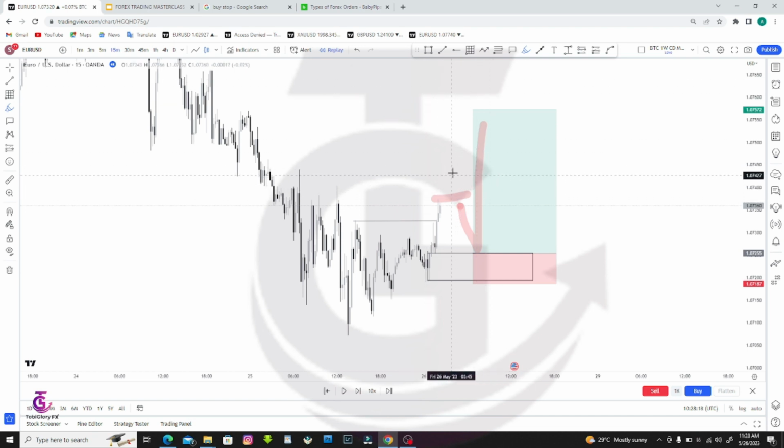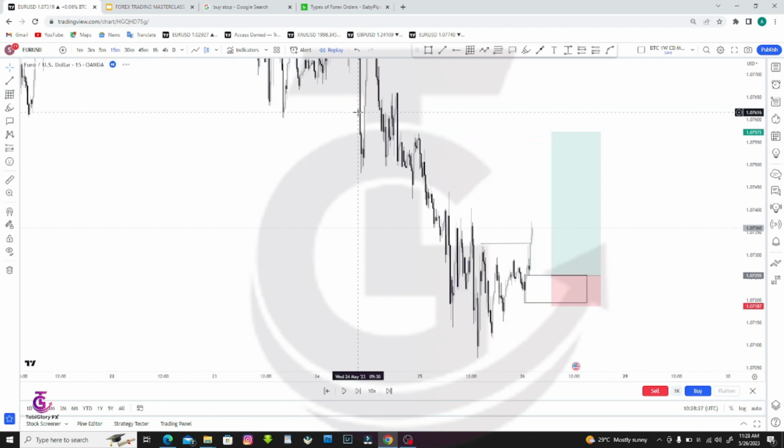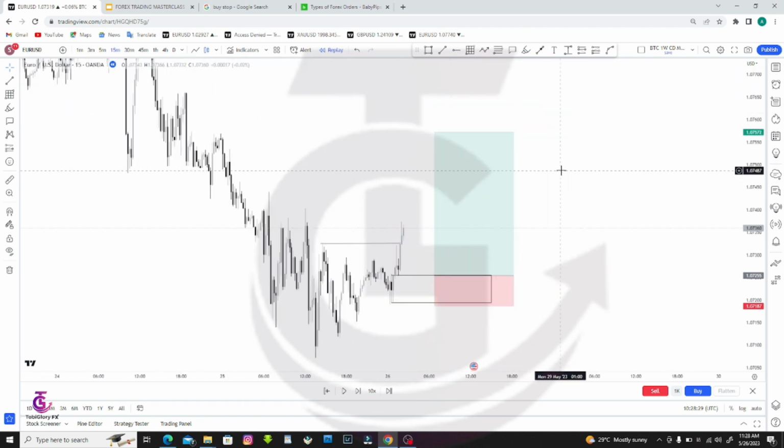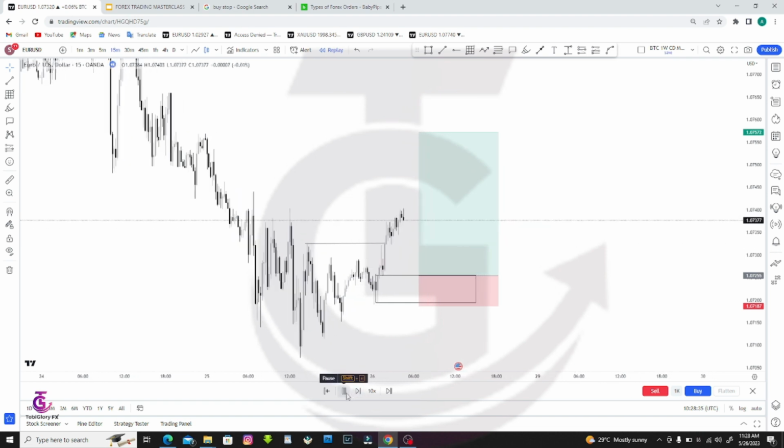So that's the help of a buy limit. I will set my limit and wait till price comes here, and check my trade anytime I feel like. Now let's see if price comes back to this area or not.